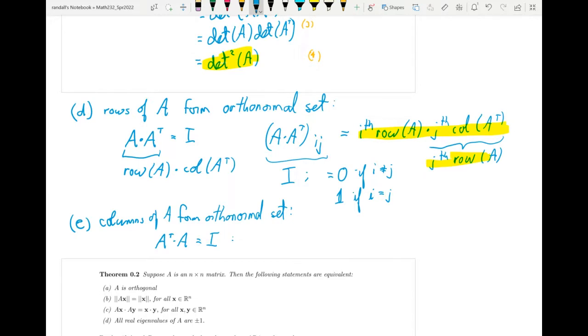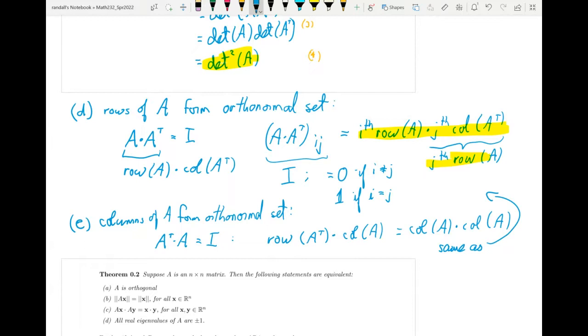Then you look at the ijth element here, which is the dot product of the rows of AT with the columns of A. The rows of AT are the columns of A. So it's the same kind of argument, except you're working with columns now, okay? And then same as here.